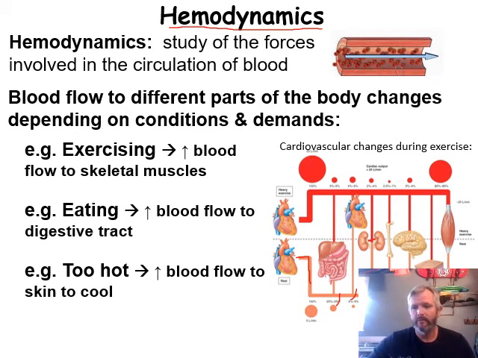Then, when you go to exercise, you can see there's a greater flow of blood, and there's going to be a large flow of blood to the muscles. Okay, in eating, you tend to shunt more blood to the digestive tract. So let's see how we're able to regulate this flow to these different organs.